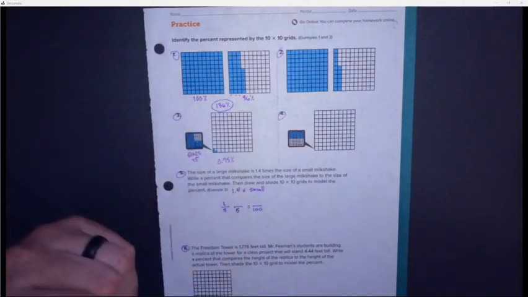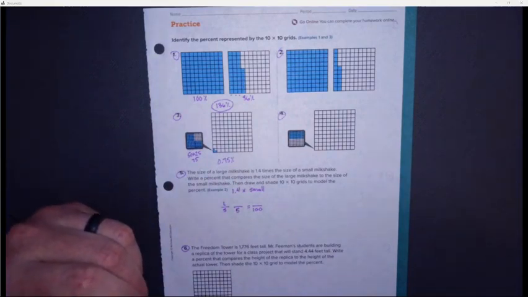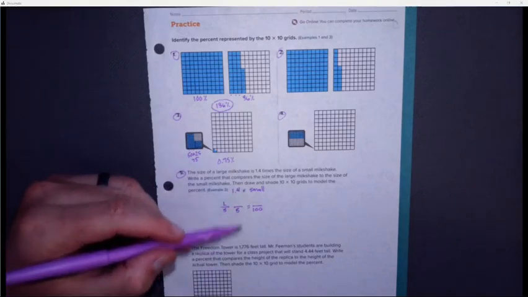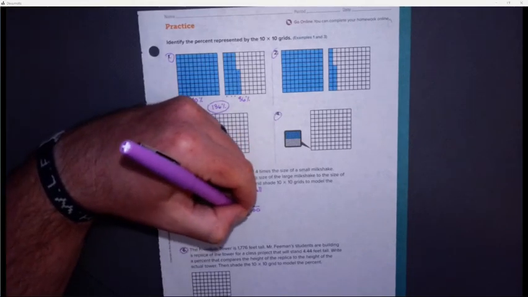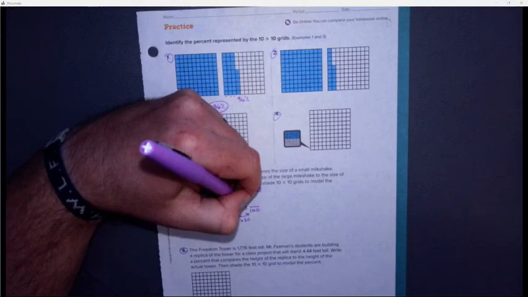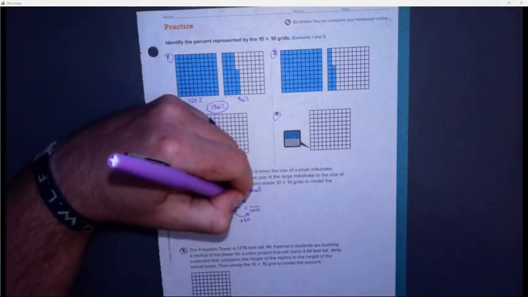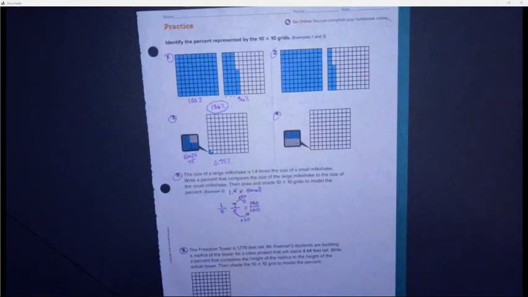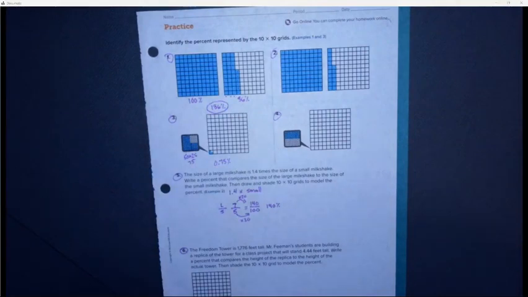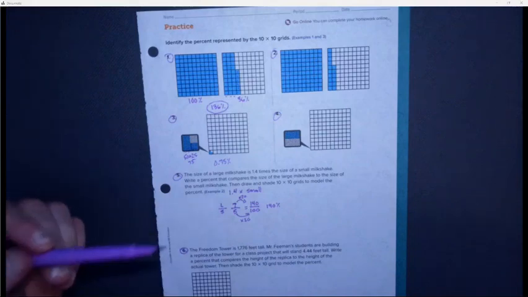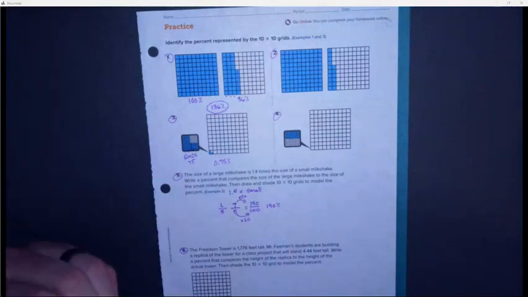If my small shake is 5 ounces, 1.4 times 5 gives me 7 for my large shake. 5 times 20 gives me 100. 7 times 20 gives me 140. So I have 140 per 100, or 140%. So my large shake is 140% the size of the small shake.